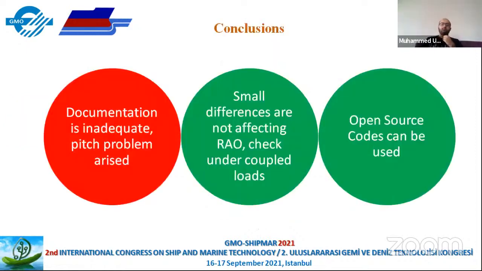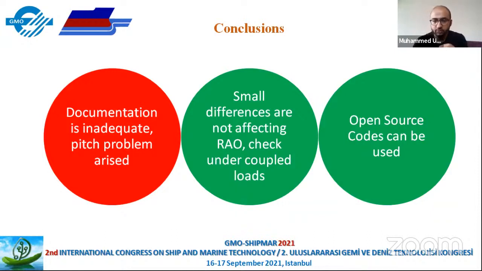As a conclusion, I have one piece of bad news and two pieces of good news. Because of the lack of documentation, a pitch problem arises for NEMO, and we could not solve the problem because of the lack of documentation. As good news, the small differences do not affect the response amplitude operator.